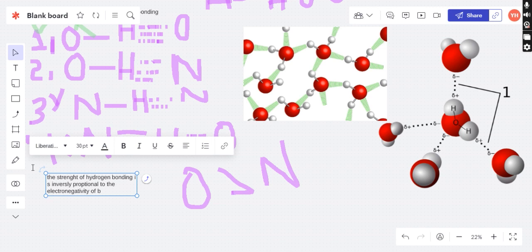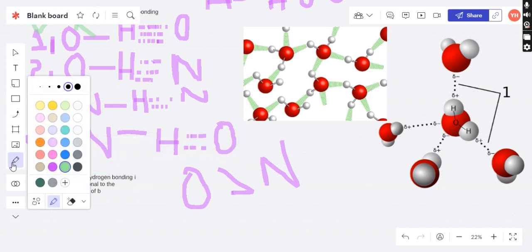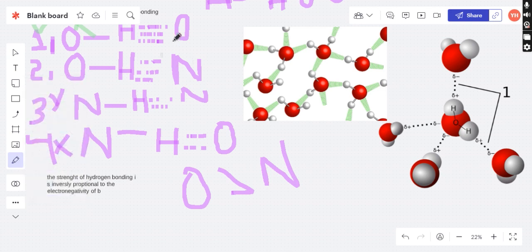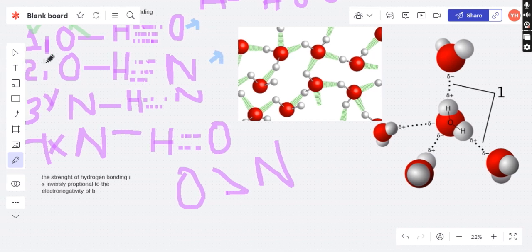Now you can see here, oxygen is more electronegative, but nitrogen is less electronegative than oxygen, and now the two options are neglected. The right answer is 2.